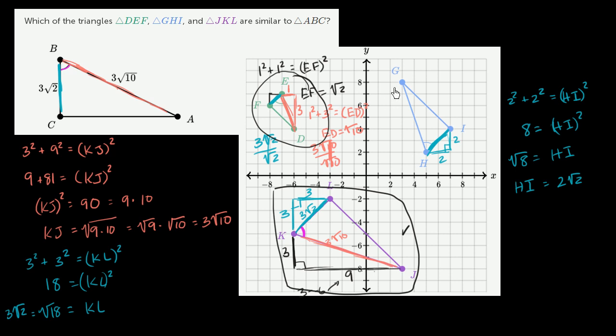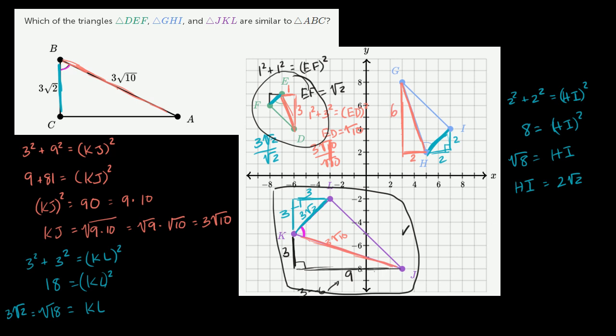And then the candidate to be corresponding to AB is HG. It's the longer of the two sides on either side of this angle. So for HG, we can set up a right triangle that looks like this. It's 2 wide and 1, 2, 3, 4, 5, 6 high.